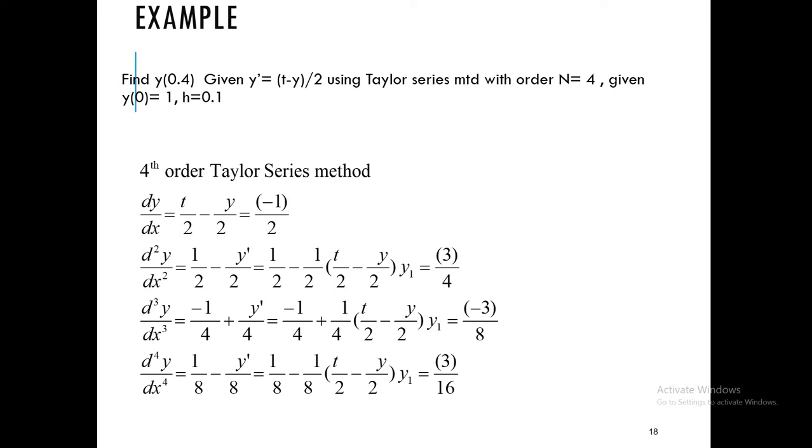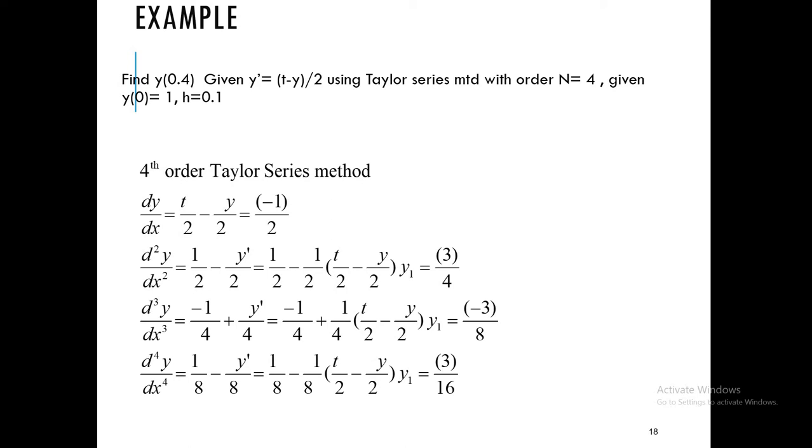You understand? So already you've been given the first derivative, (t minus y) over 2. If you like, you can write it as t over 2 minus y over 2. Then we have to find the second derivative.